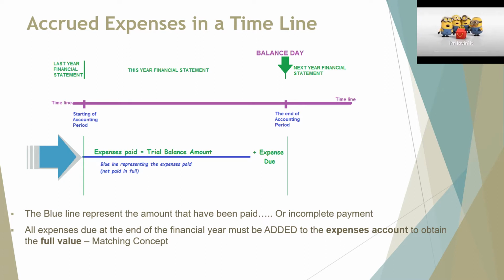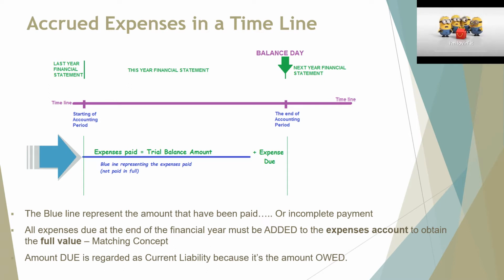The value of the expenses for the whole year needs to be recorded for this year, using the matching concept. That's why we have to add the expenses due. The amount due is regarded as a current liability because it's the amount that we owe.